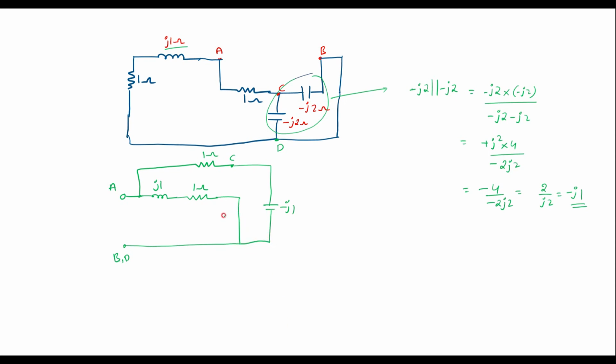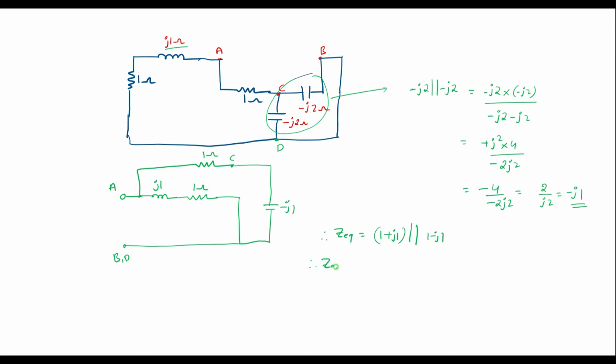So now from this circuit we can observe that this is 1 plus J1 and this is 1 minus J1. These two are in parallel. Therefore, we can say Z equivalent is equal to 1 plus J1 parallel with 1 minus J1.